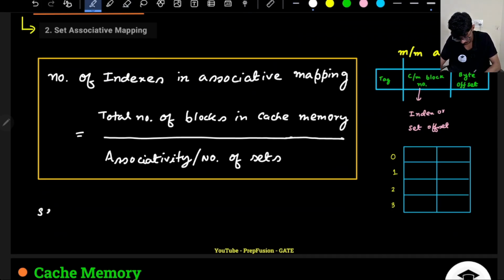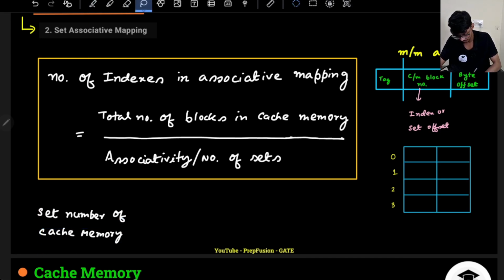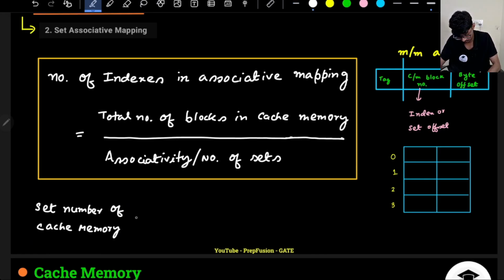Set number of cache memory will be equal to main memory block number mod the total number of sets.